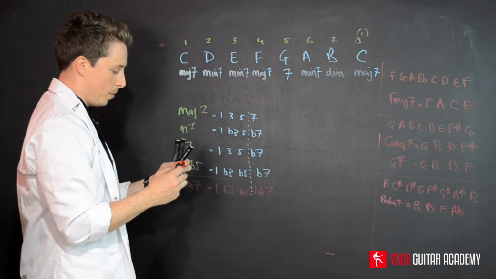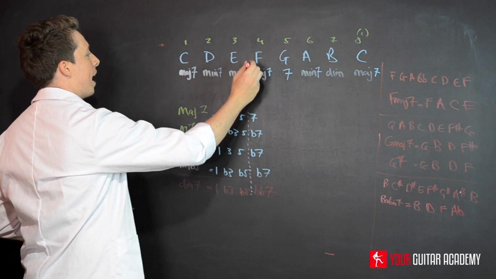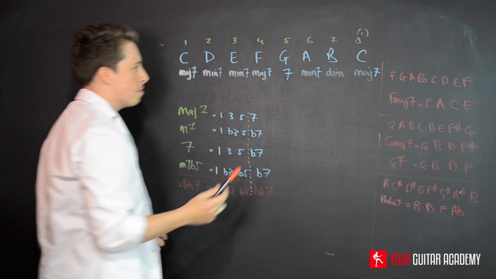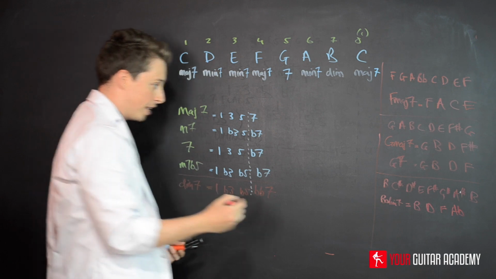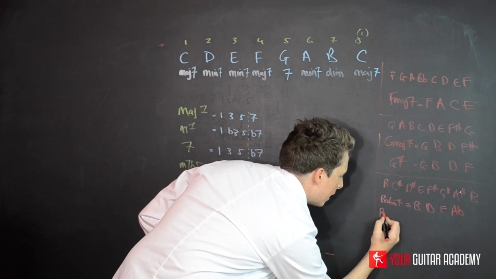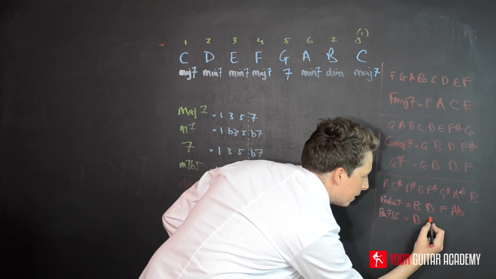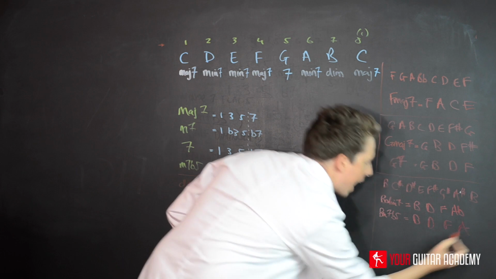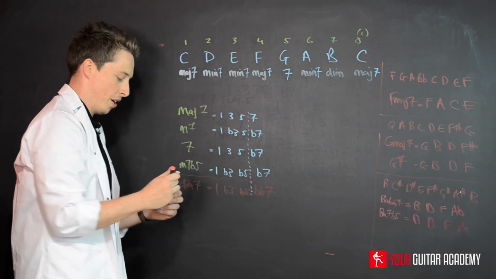So we can see straight away that the B, D, and F fit perfectly, but the A flat does not work. However, if we just do B minor 7 flat 5, it's simply B, D, F, and A, because we've just flattened the A sharp to A, and that fits perfectly.